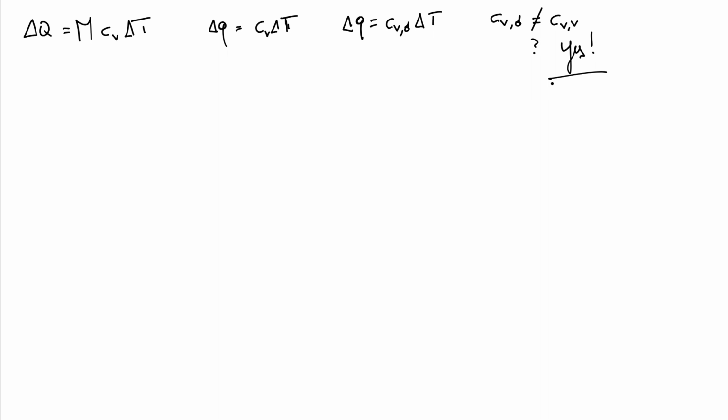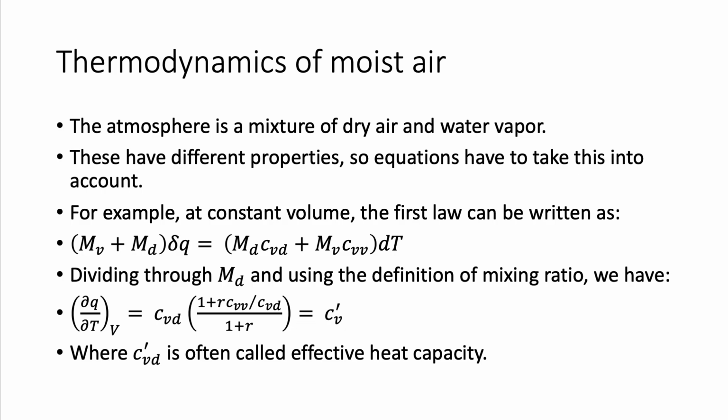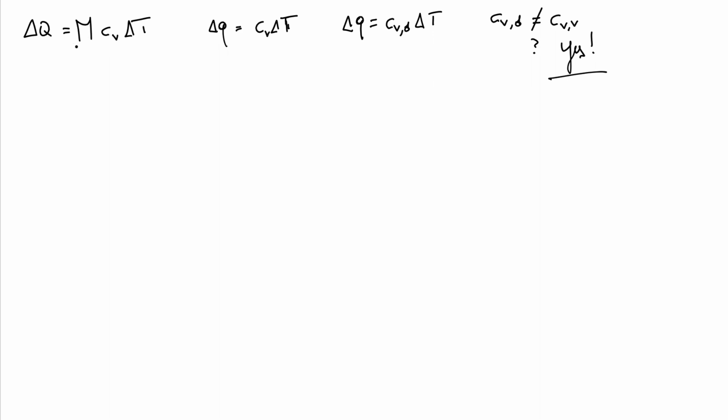And how do we determine how things change? Well, things will change quite simply. You could just imagine that we can start from something like this. Delta Q will be given by md plus mv times the changes in the specific heat, okay?